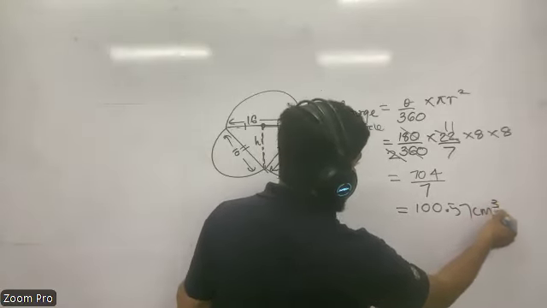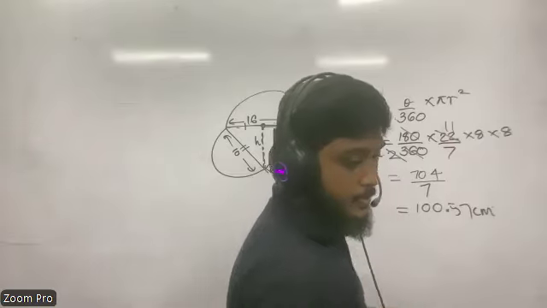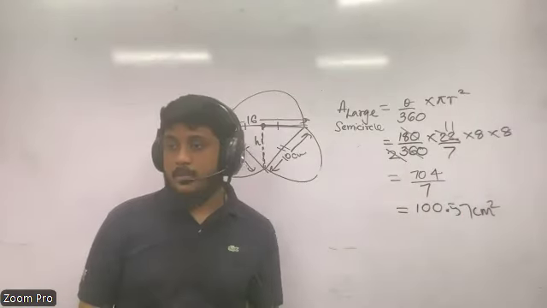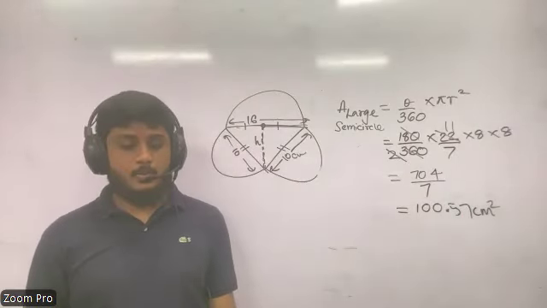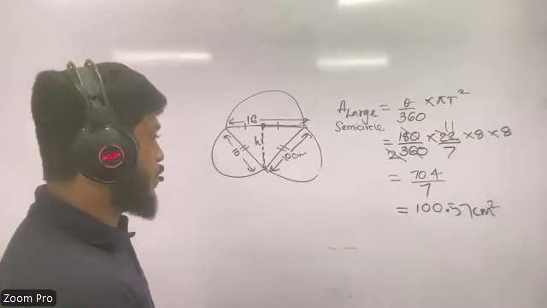Now how many small semicircles are there? How many small semicircles are there? Speak, will you? Two small semicircles are there. Now, what should I do?